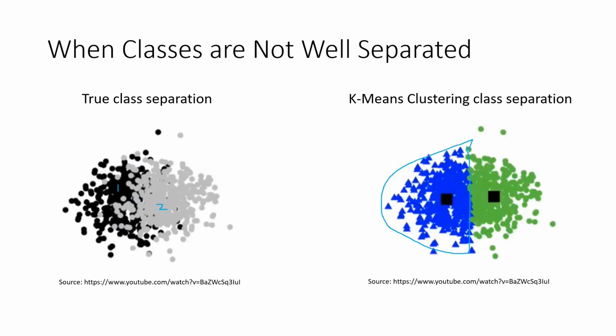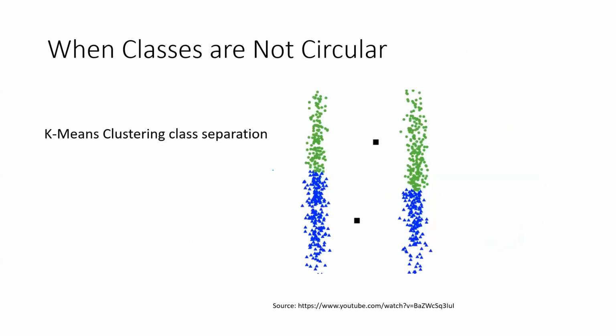So these data points belong to this cluster, and these data points have been identified as belonging to the green cluster, which is not correct because the classes are not separated enough.